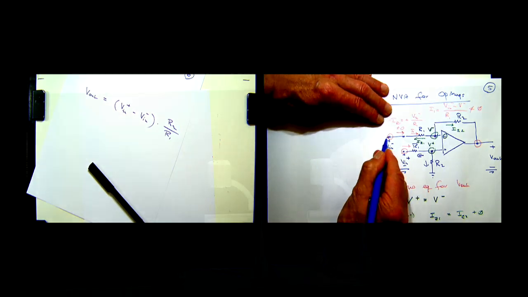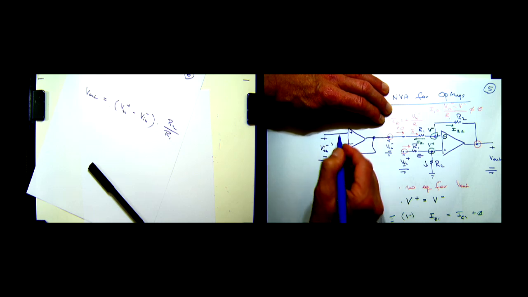So what we can do is we can put a buffer here. And we apply V in minus prime, we apply that here.